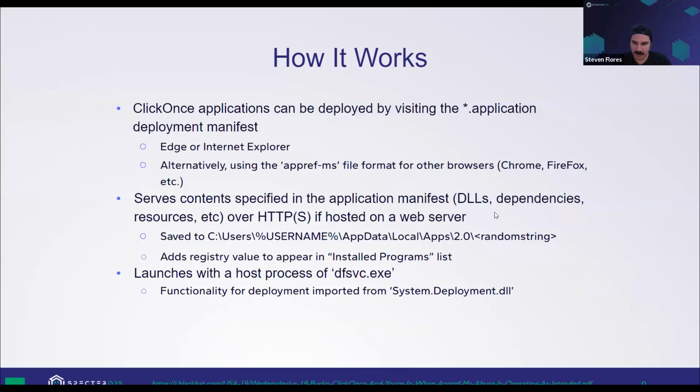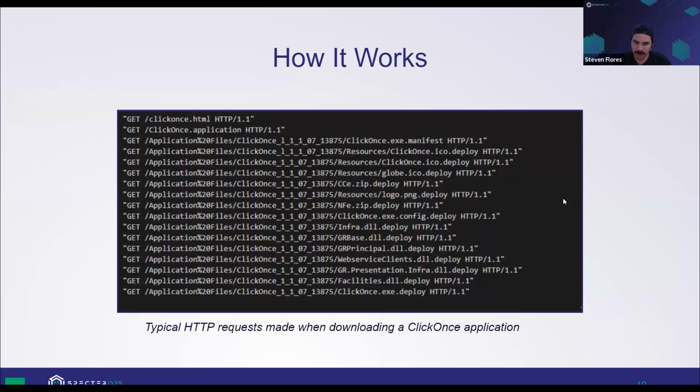Depending on the deployment type, if it's an installation, an installed programs registry key will be created as well. All of this process will be handled by a binary called dfsvc.exe, which is part of the .NET Framework. But most of the functionality on the back end is processed and handled by the System.Deployment DLL, which is also part of the .NET Framework.